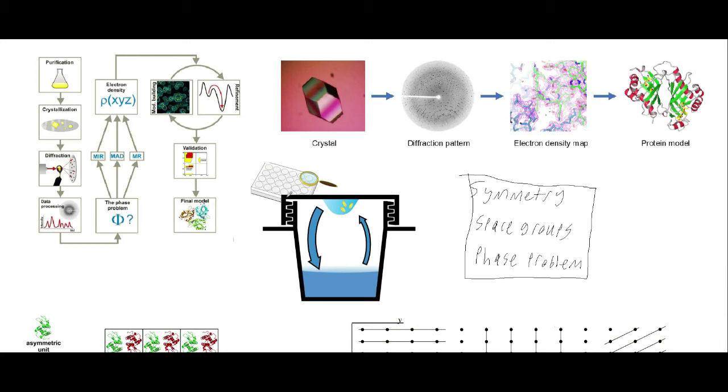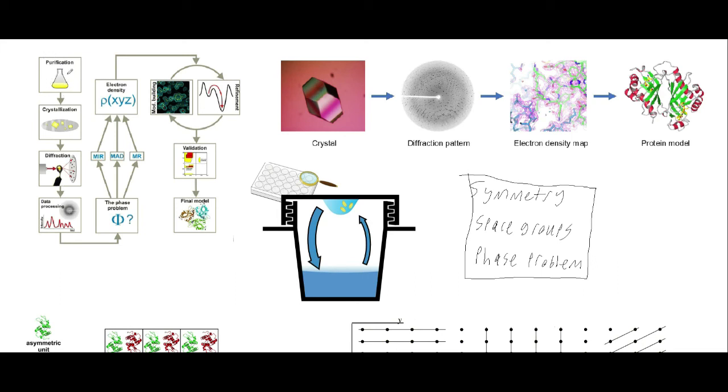All right, so to get into it, up here I have an outline. What we're trying to do with X-ray crystallography is find this protein model, and we want to do that by hitting a crystal with X-rays, so X-ray crystallography. The first thing we want to do is purify our protein because we want to look at just a single type of protein.